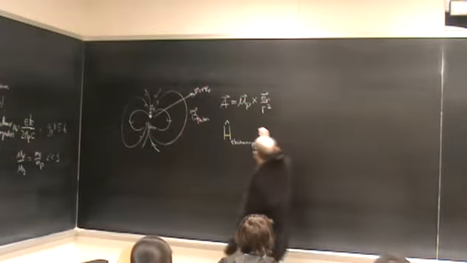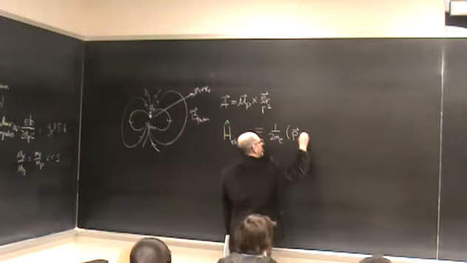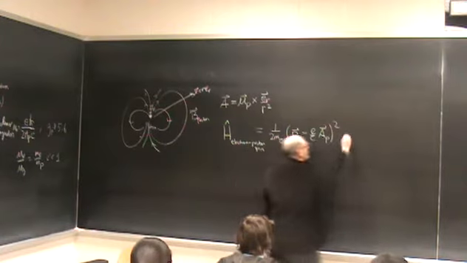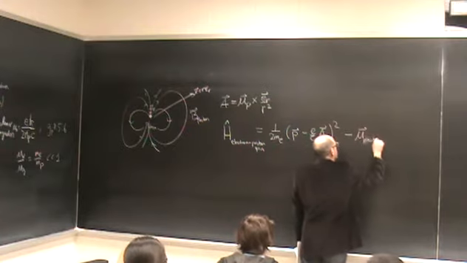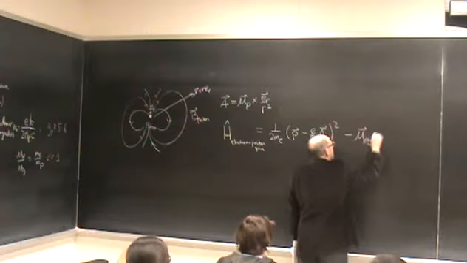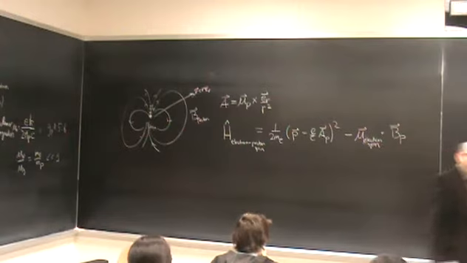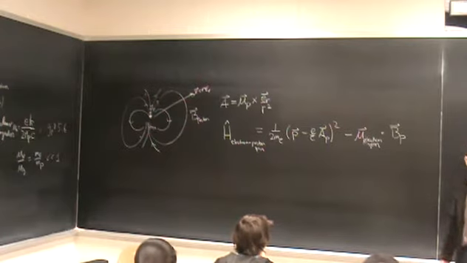Well, we have 1 over 2m, the momentum of the electron minus e over c, the A due to the proton, squared, minus the mu of the electron due to its spin, dotted into the B of the proton. Those are the effects that we saw in the Pauli interaction. There's the part that has to do with the motion and the part that has to do with the spin. Okay?